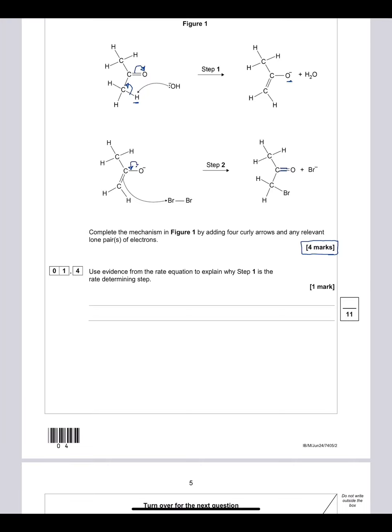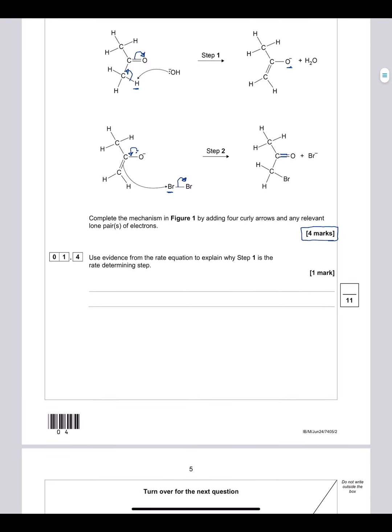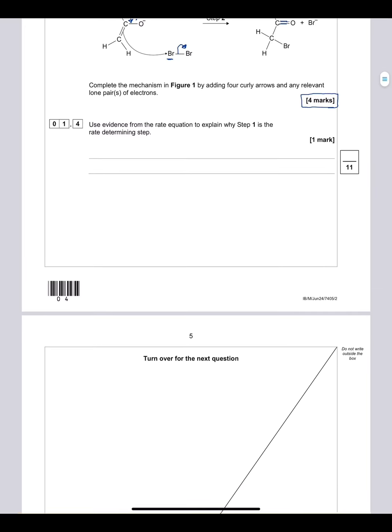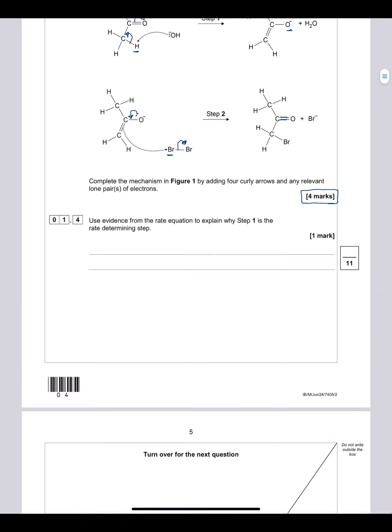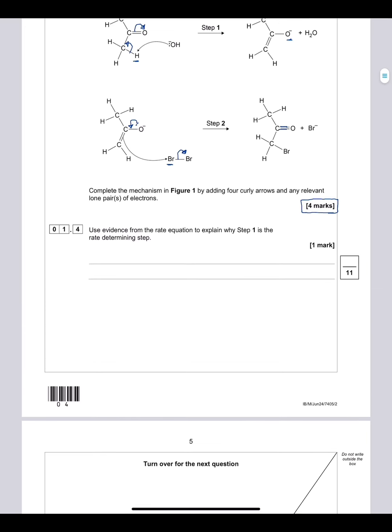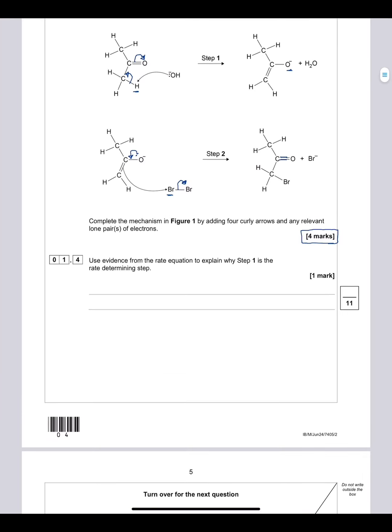Also don't forget, because bromine has been added, the bond between the 2 bromine atoms has to break as well. So now we have added 4 different arrows, and these are all the arrows required to complete the mechanism.